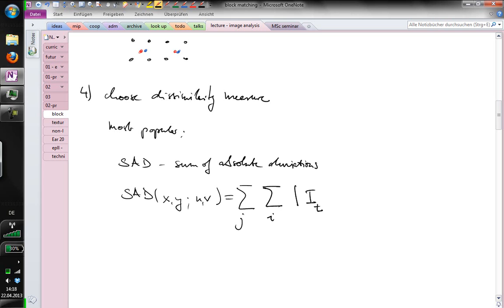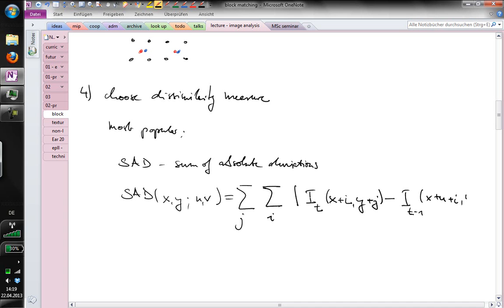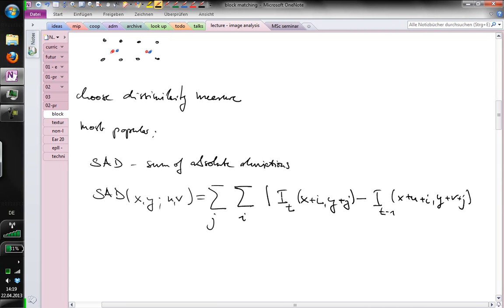So I_t is the intensity of the image at time point t at the locations which I'm indexing here. So u, v here are not absolute locations, but a shift.